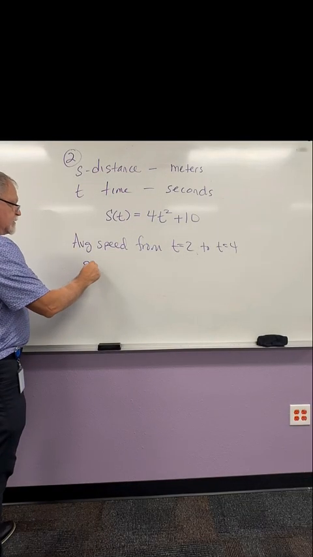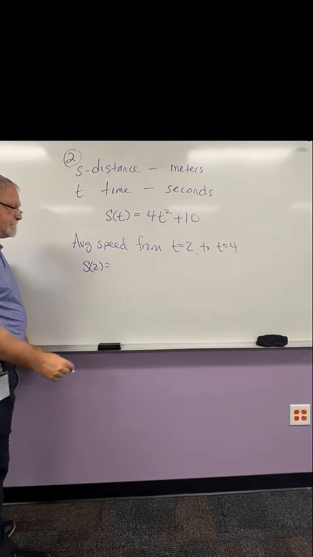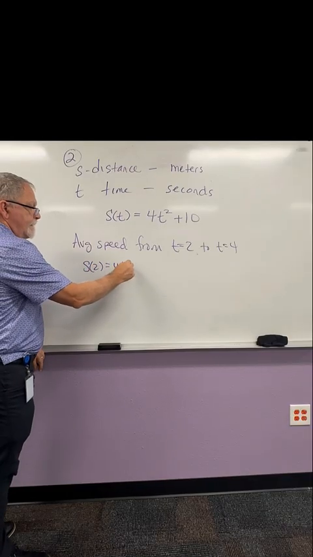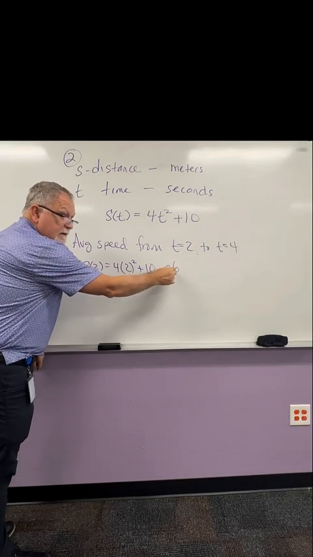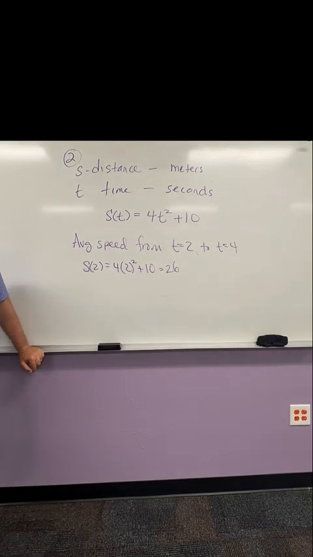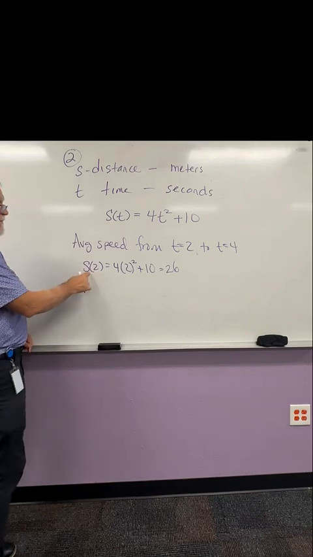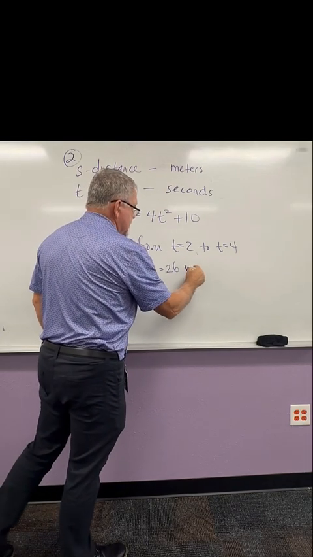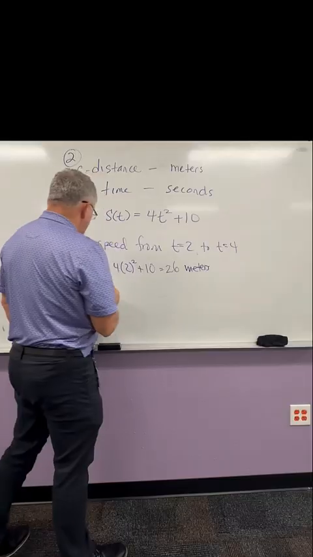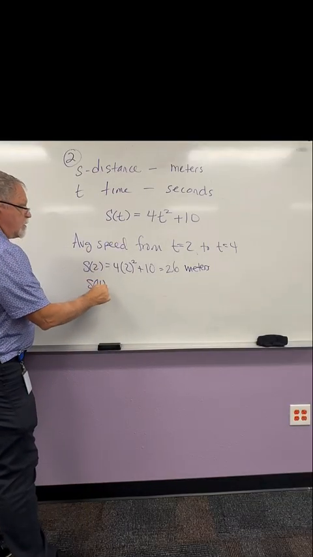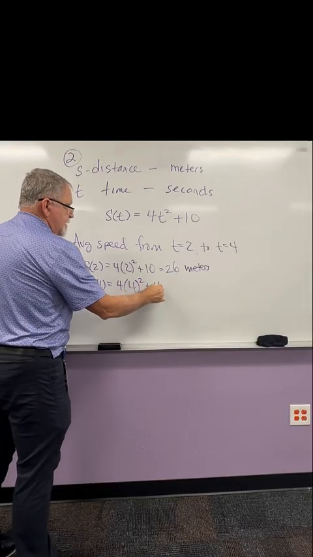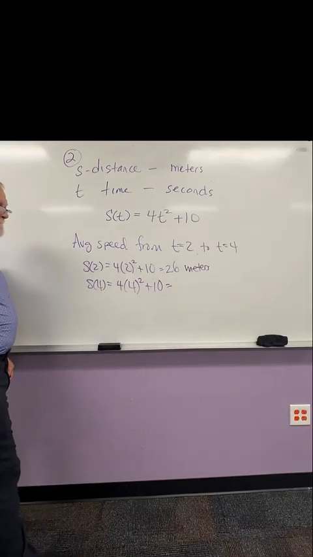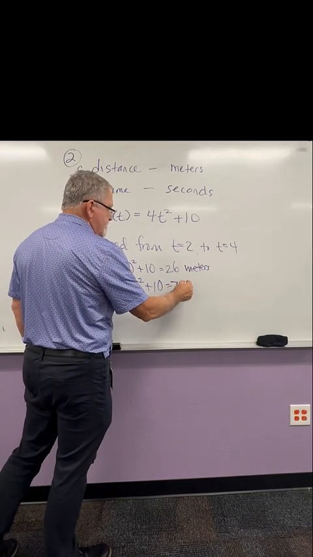So what's S of 2 equal to? 26. You agree that's 26? 26 what? Meters, right? Because S is measured in meters. This is 26 meters. All right, let's do S of 4. S of 4 is 4 times 4 squared plus 10, which is going to equal how much? 74. 74 what? Meters.